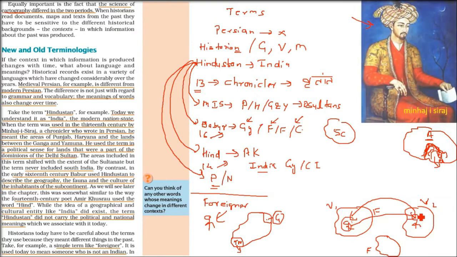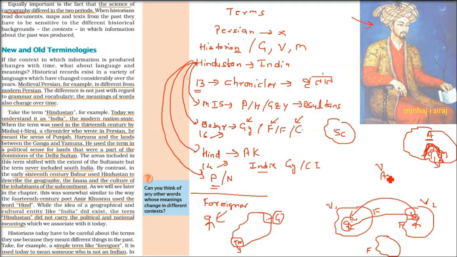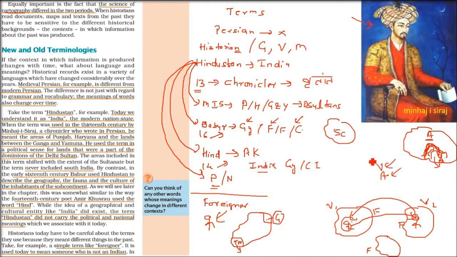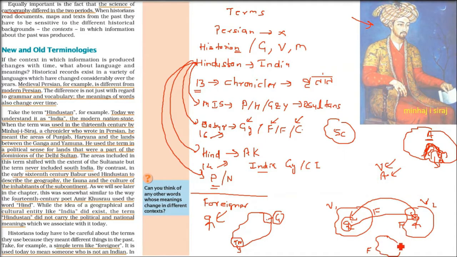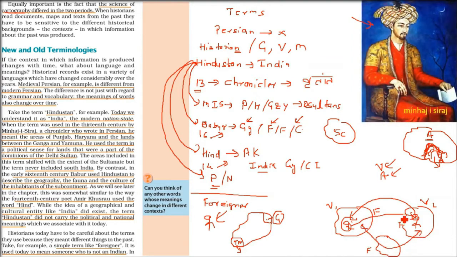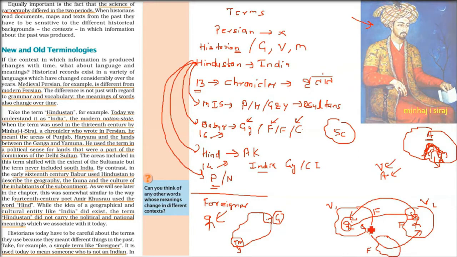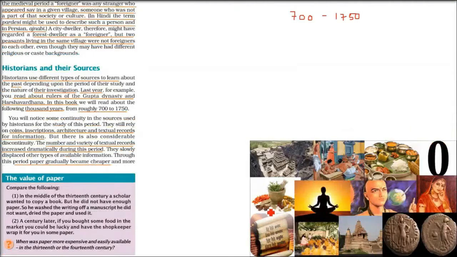And the same, if a person from the first village goes to the other village, he will be a Videshi, Ajnabi, Pardesi for the other village, because they don't share a common culture, a commonality. That is why they were foreigners. If a person living in the forest goes to both of these villages, he will always be called a foreigner.